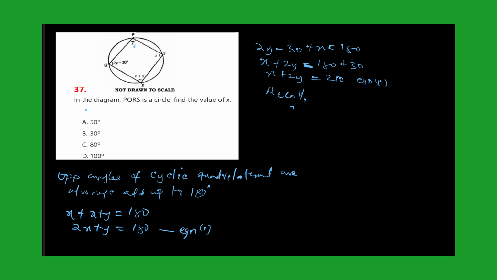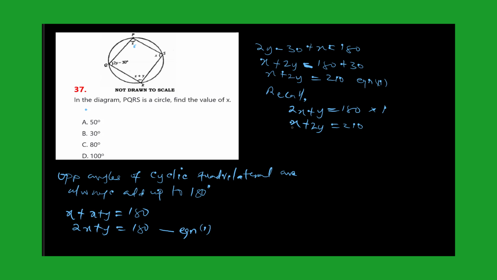2x plus y equals 180, then x plus 2y equals 210. So let's apply the elimination method. So let's multiply the first equation, equation 1, by the coefficient of x, which is 1.